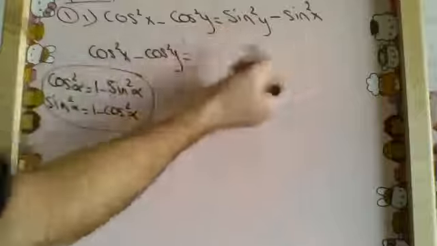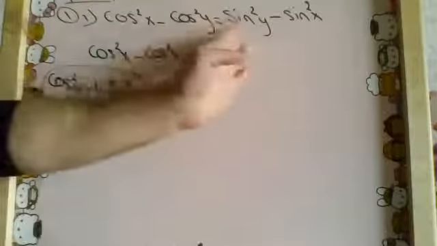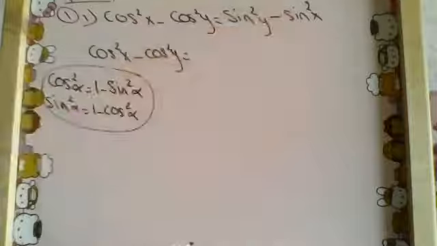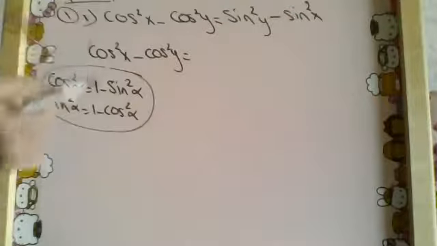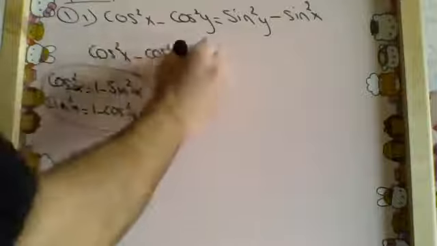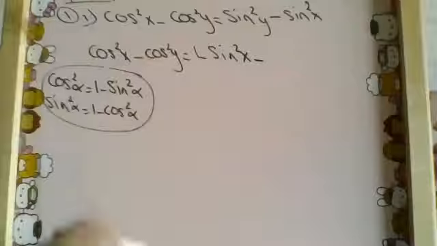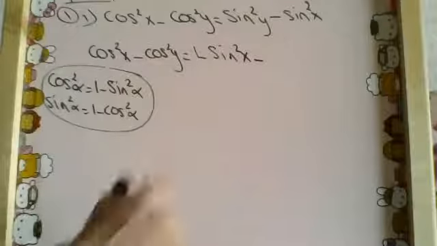Now on the right side we need sine. On the right side we have sine, not cosine, so I'm going to replace cosine squared by sine squared. So cosine squared x is 1 minus sine squared x, minus cosine squared y, that is 1 minus sine squared y, between brackets.